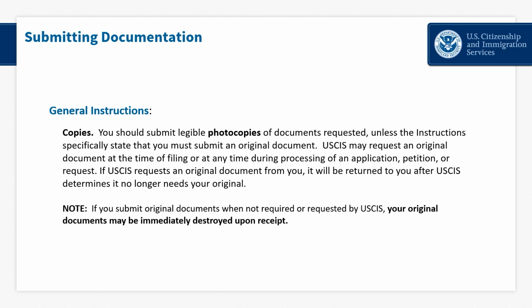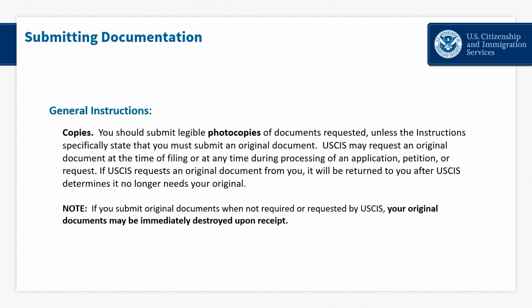The form instructions clarify that legible photocopies should be submitted. The I-956G instructions also state that if the regional center submits original documents that are not required and not requested by USCIS, USCIS may destroy those original documents upon receipt.